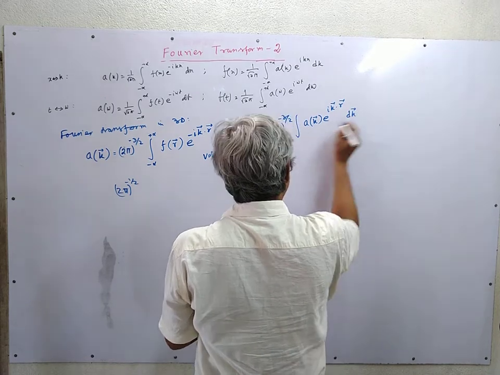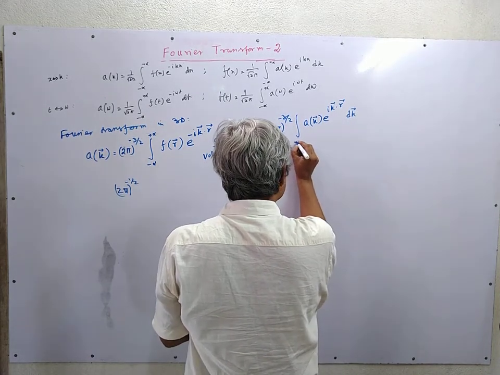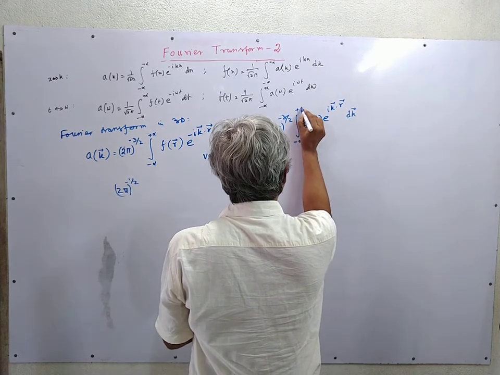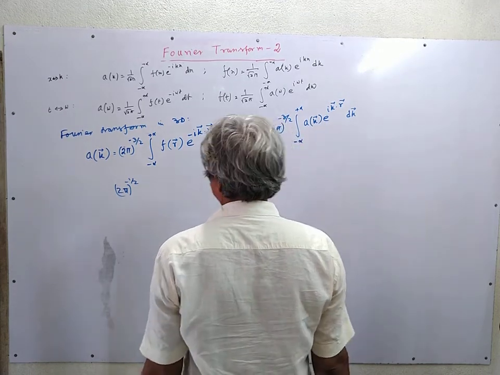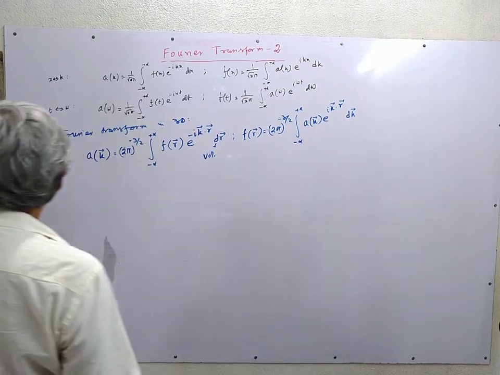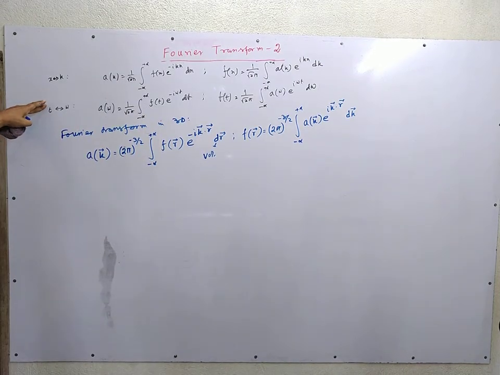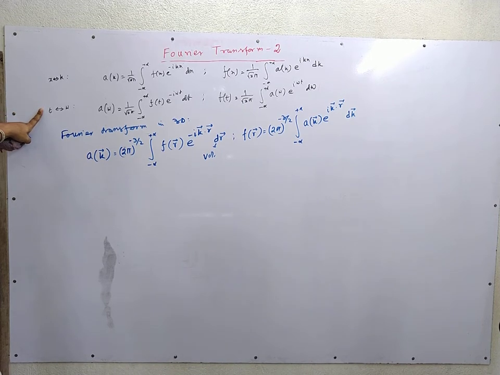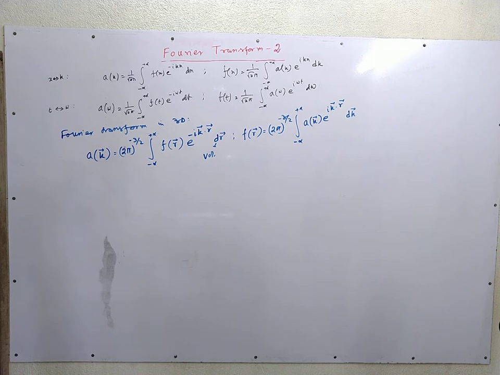It is the integration over the three-dimensional k space. So this is the Fourier transform in 3D. Since time has only one dimension, it doesn't have any three-dimensional analog. That's all about the Fourier transform in 3D. Now we shall come to the discussion of the Dirac delta function.